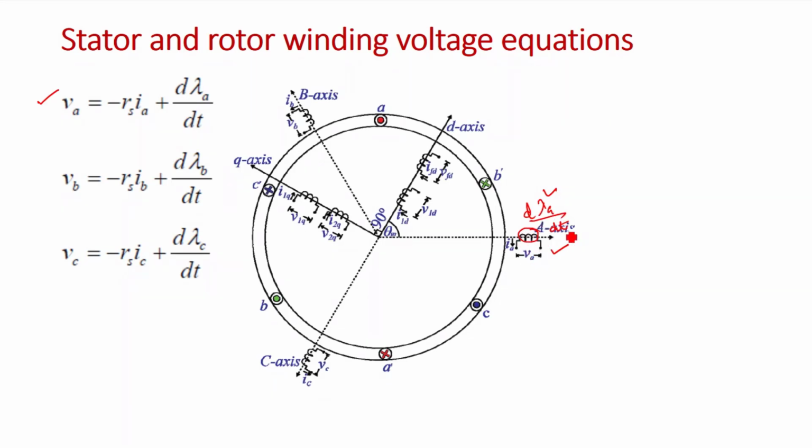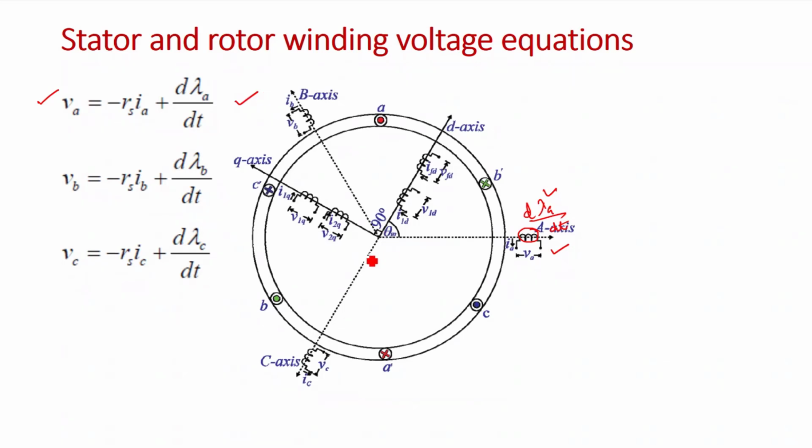So d lambda A by dt is the induced EMF. Therefore I can write the terminal voltage equation here. VA will be equal to minus RS IA plus d lambda A by dt, where RS is the resistance of the winding.